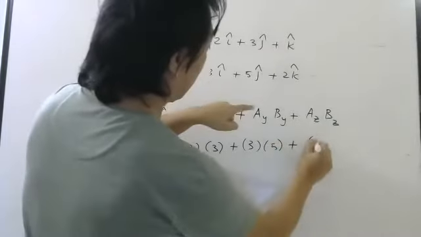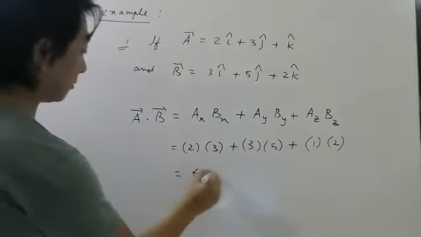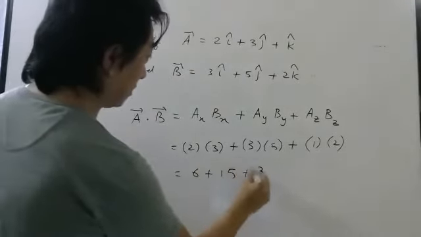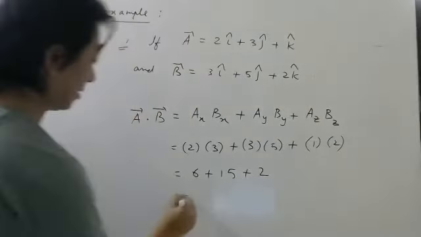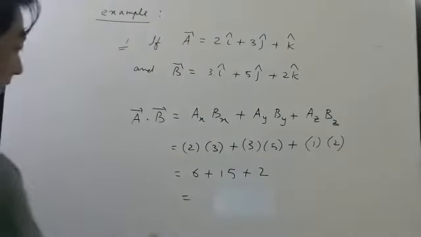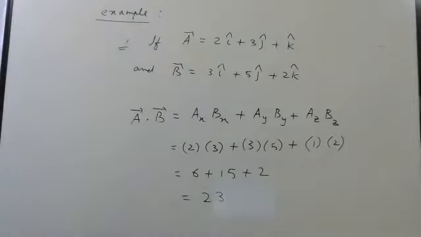This is 1, okay? So 6 plus 15 plus 2. Oh, sorry, 1 2s are 2. So how much is it? 23. Correct? Okay.